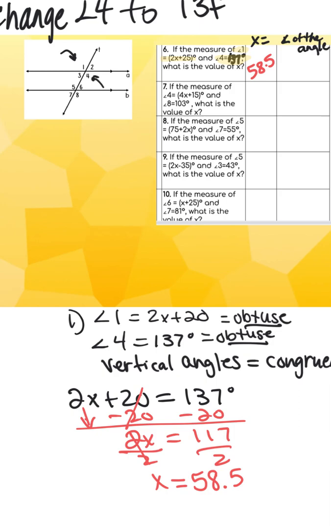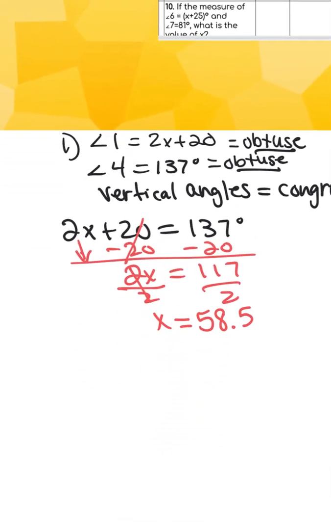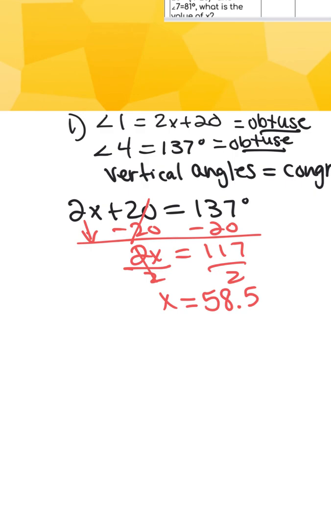Okay, x equals 58.5. So if x equals 58.5, then I can plug 58.5 into 2x plus 20 equals 137, and for my x I can plug in 58.5.